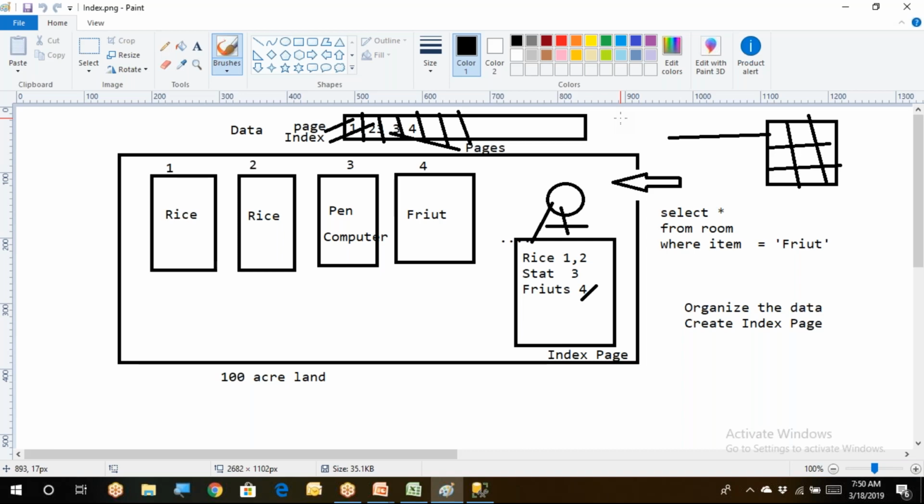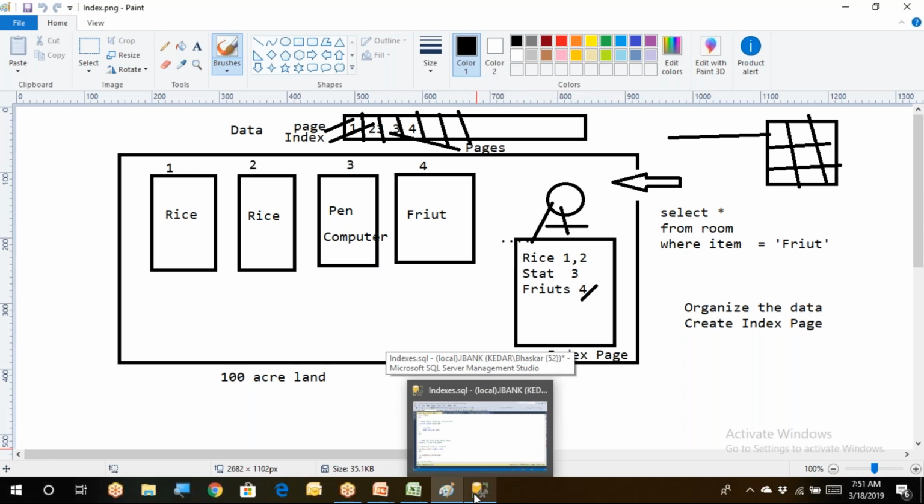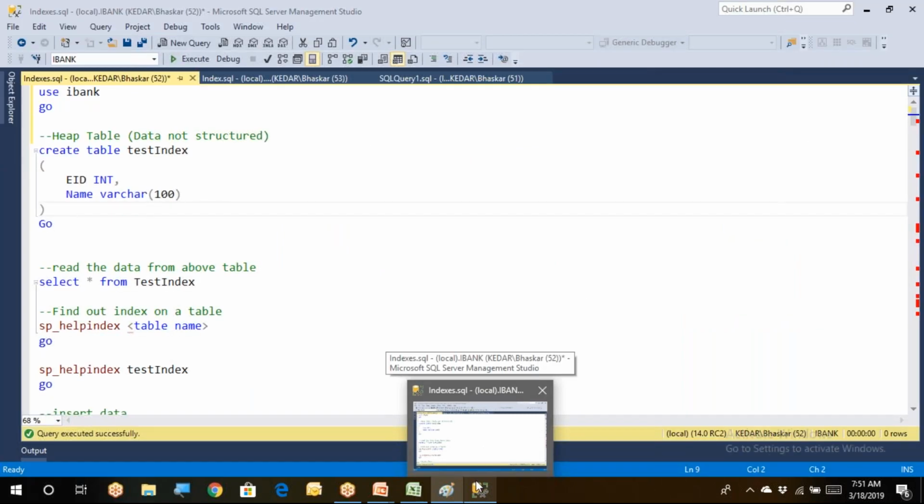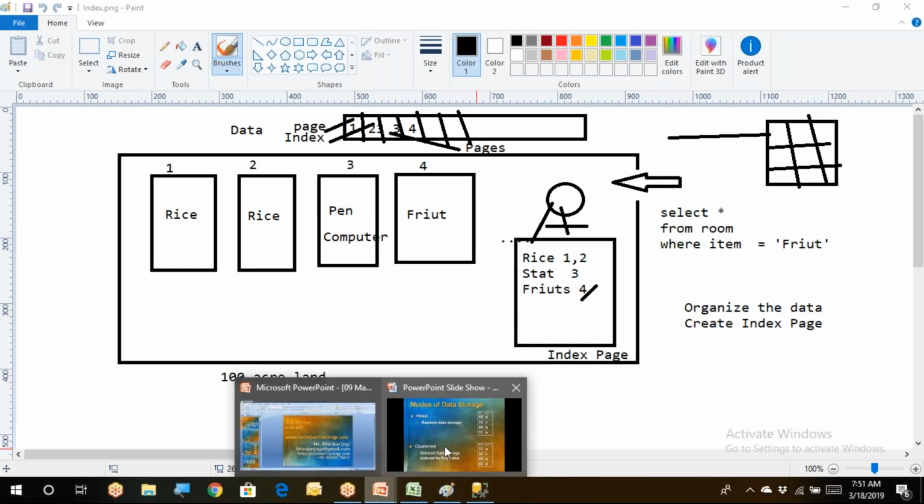Clear? So an index is a physical page. It is not logical, and the data has to be organized first. Without sorting the data, you will not be able to create an index. Clear? So that is very important in terms of clustered index. Clustered index is definitely going to sort the data. That is what we had seen yesterday.